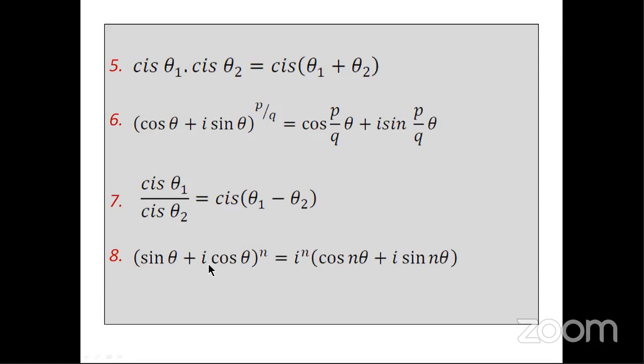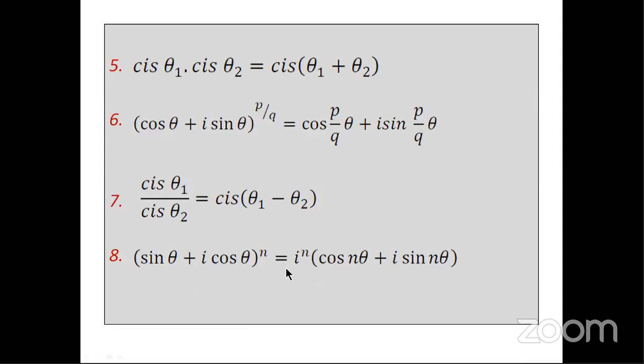Now if I multiply this with minus i, look at this, minus i sin theta plus minus i square cos theta. It becomes cos theta minus i sin theta. That means you are trying to change the form of the problem into the form of the general complex number, that is cis theta form, by multiplying with some i term.